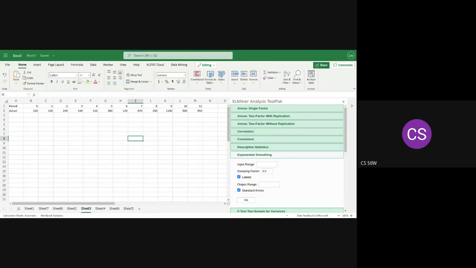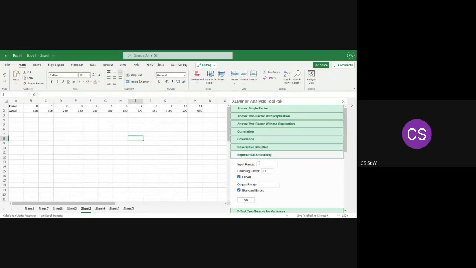Only that now here we shall use something called the damping factor. And the damping factor is the smoothing constant alpha, but now 1 minus alpha is the damping factor. So if you have alpha being 0.1, the damping factor shall be 1 minus 0.1, giving you 0.9. So that's just what we shall use.